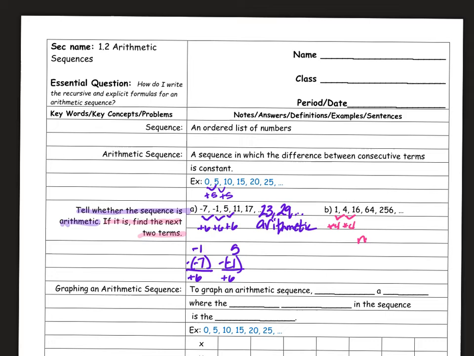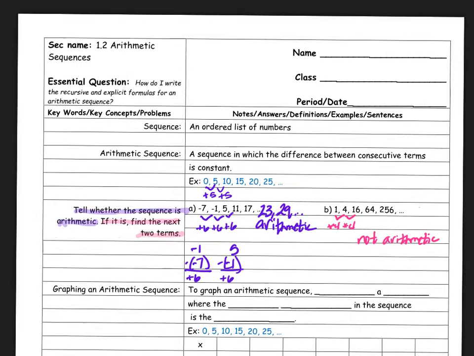So this is not arithmetic. And that's all I have to say. I don't have to say what it is. I just have to say whether it's arithmetic or not. And then if it is arithmetic, find the next 2 or 3 or however many terms the directions tell you to find. In this case, it was 2. All right, not too terribly hard so far.